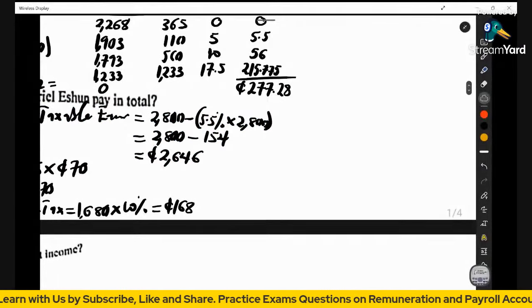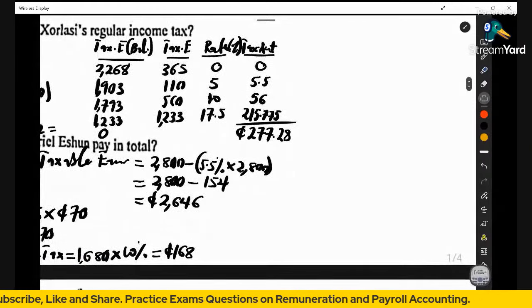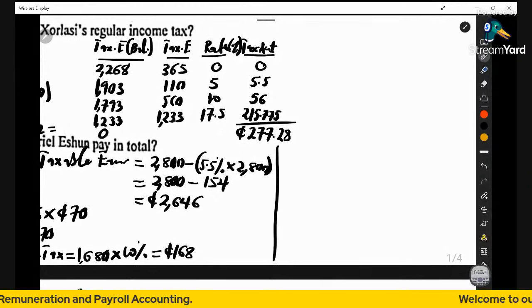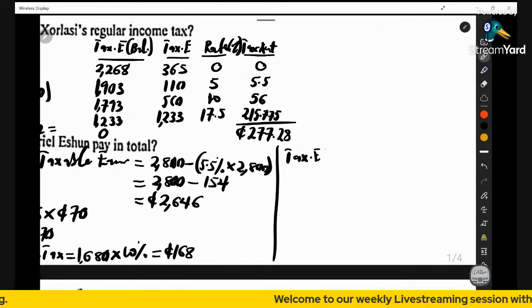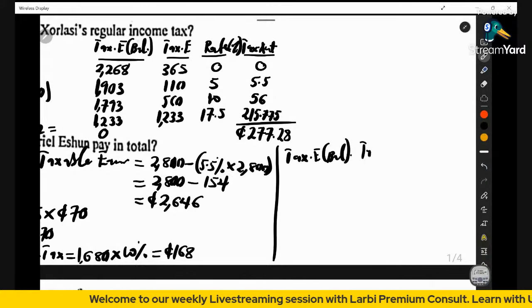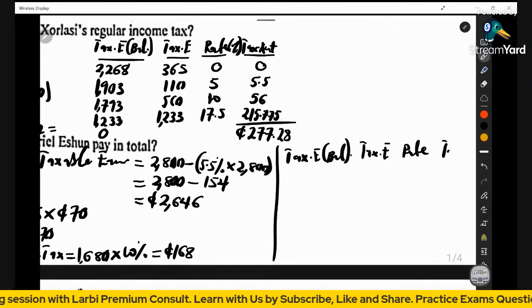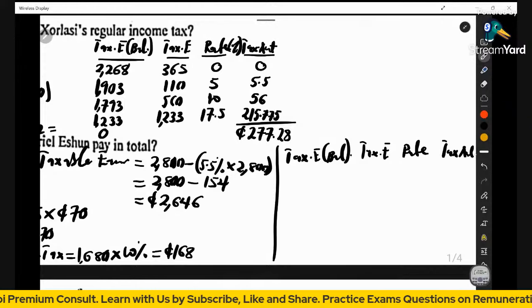So we follow the same schedules that we computed for Zolas, the same thing. We have a column called the taxable earning balance. Then we have a column for our taxable earning, a column for the rate, and a column for the tax amount.